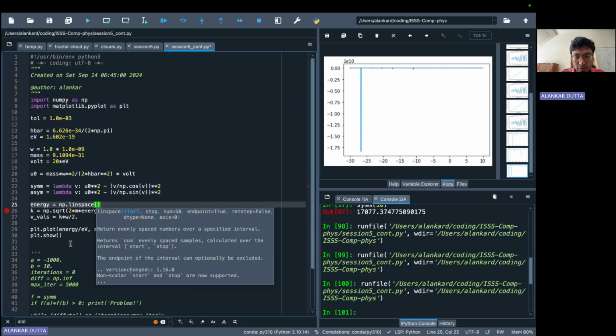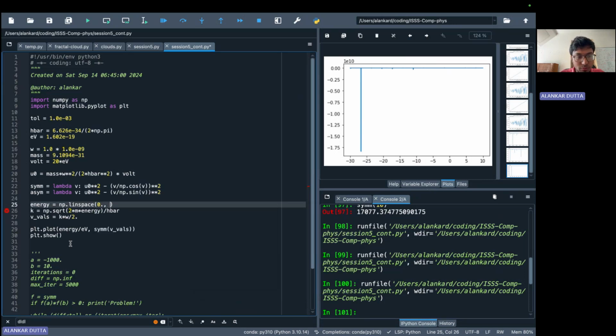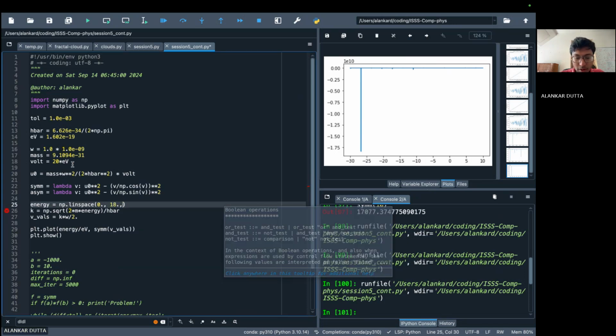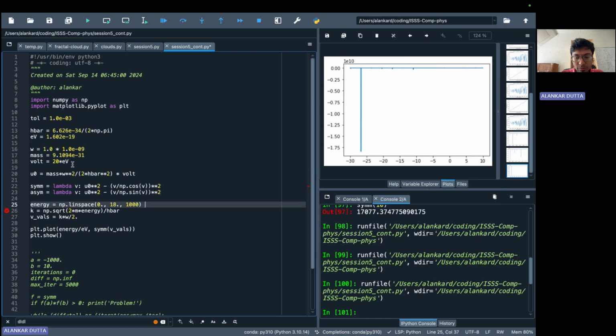We are going to have energy from say 0 to, the depth of the well is 20 electron volts, so we'll have something which is less than this. So we have 18 electron volts say, and we'll have 1000 data points times eV, right? This is mass.